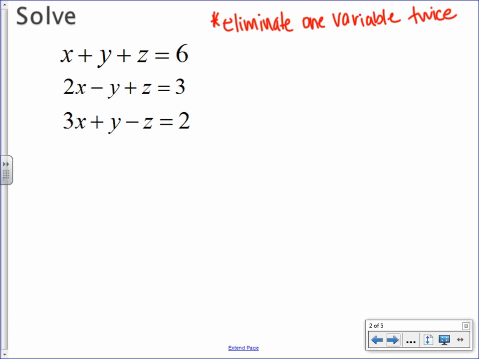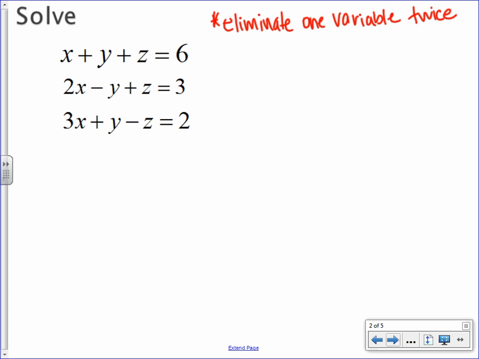Okay, so if you look up here, which variable would you like to choose to eliminate two different times? Z, how do you guys feel about Z? Set up pretty nicely for us, right?